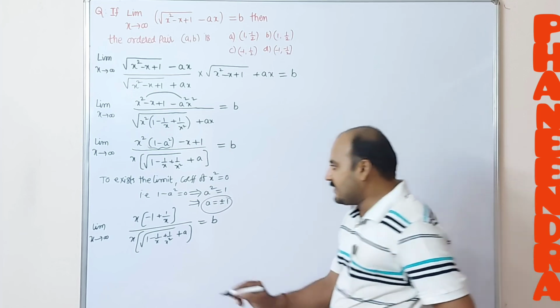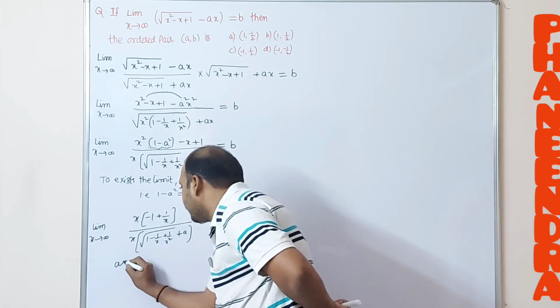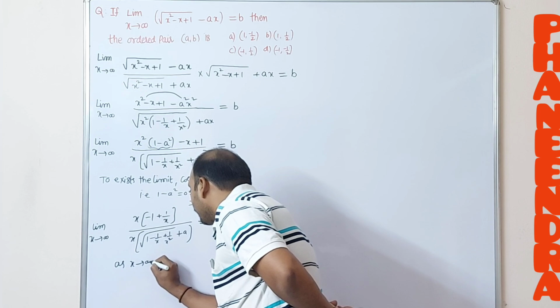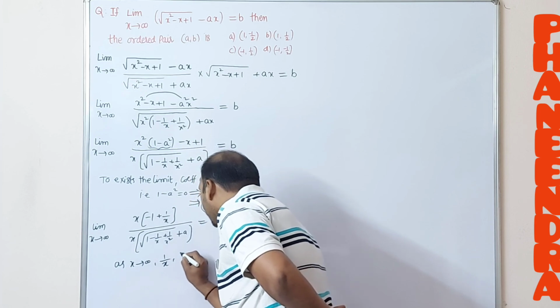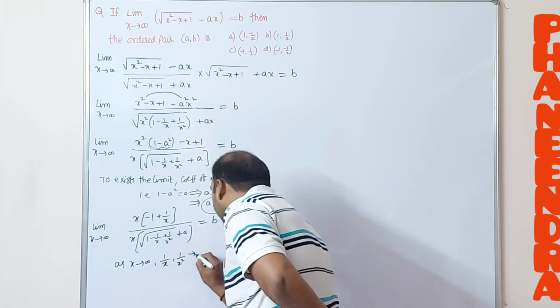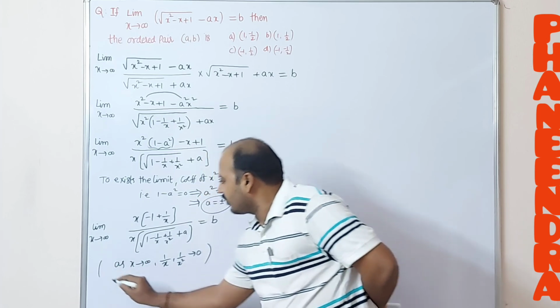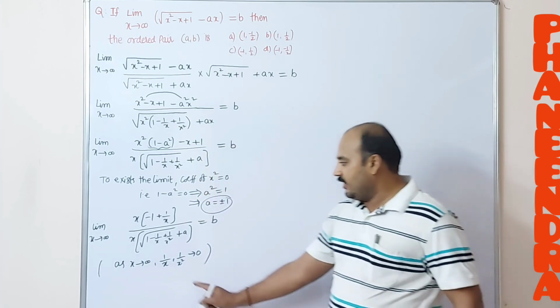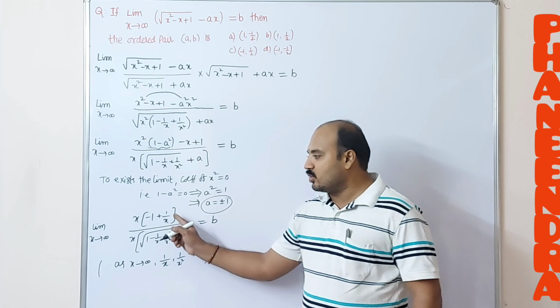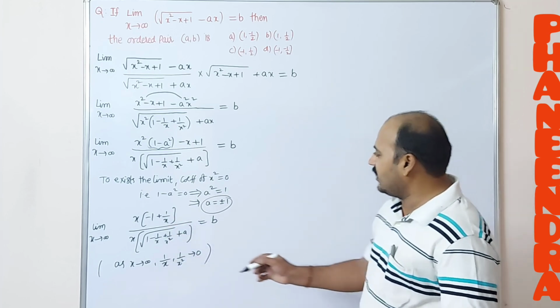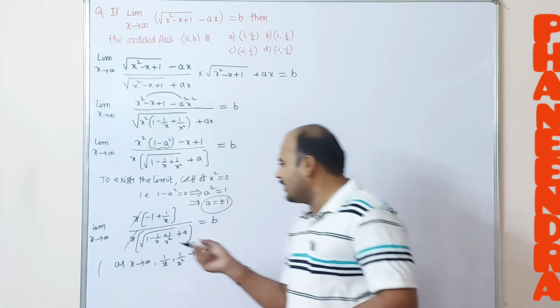We know that as x tends to infinity, 1 by x tends to 0 as well as 1 by x square tends to 0. Therefore, here also x gets cancelled.